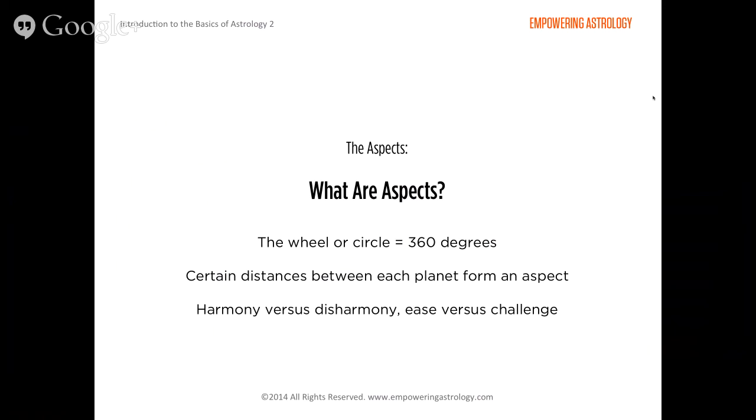So what are aspects? You have to always keep thinking about that circle. The circle is where everything happens in astrology. It's the wheel of the zodiac. It's the wheel of the natal chart. It's the wheel of karma. Aspects are like the distance between planets within that circle, and there are 360 degrees in the circle.